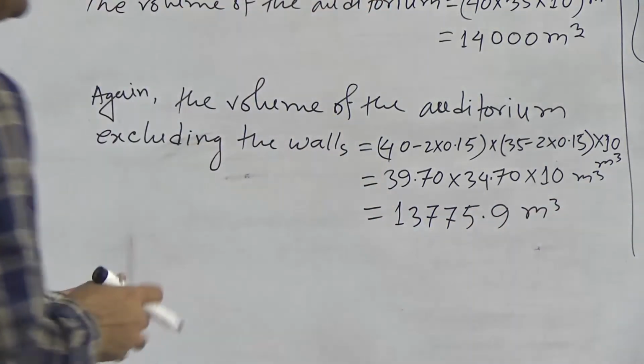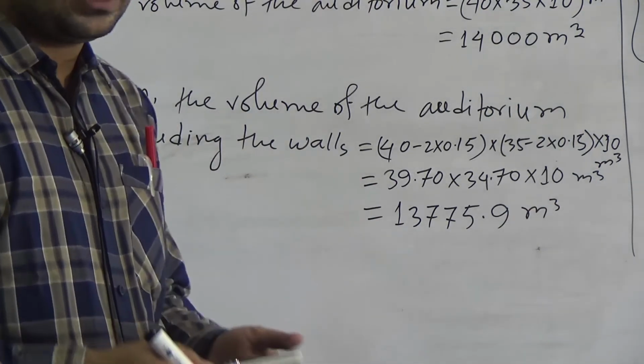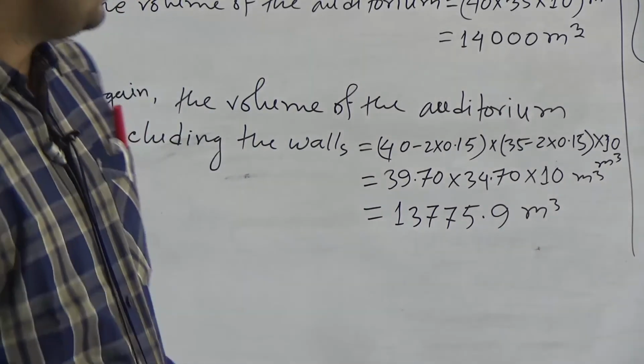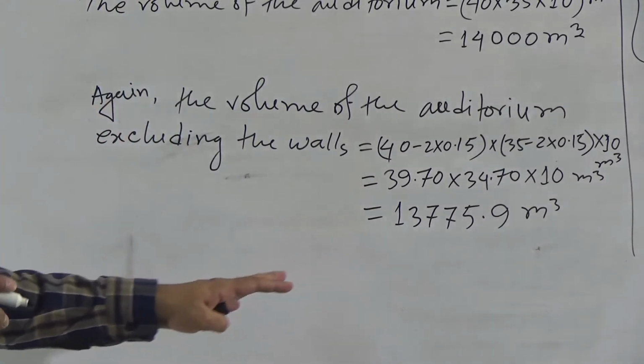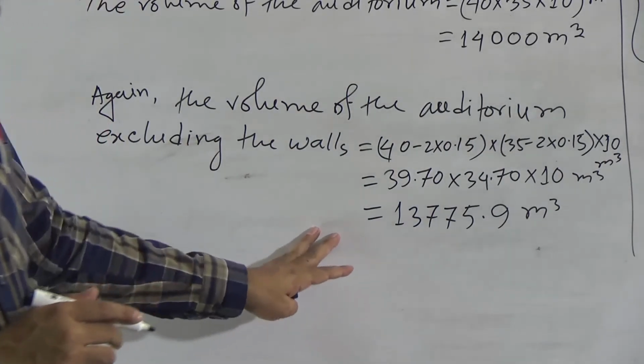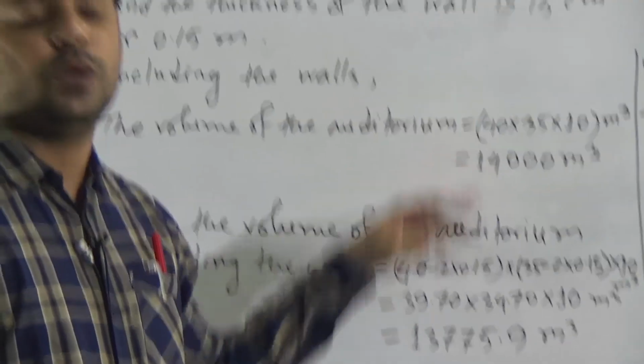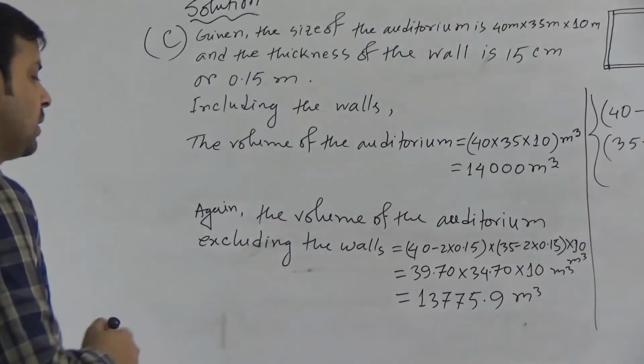Students, now this is the volume of the auditorium excluding the walls. So if we subtract this volume from the volume including the wall, we will get the volume of the walls.